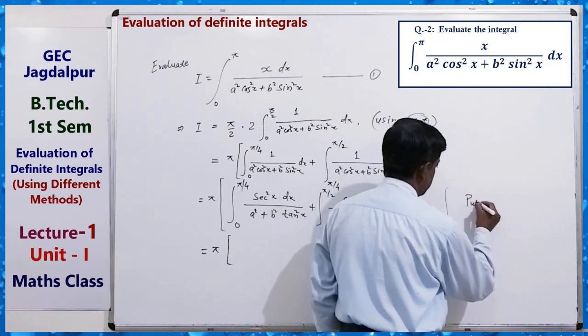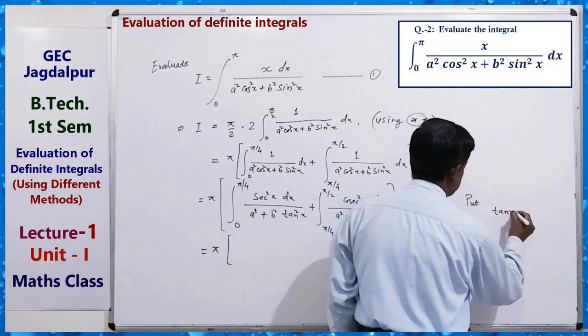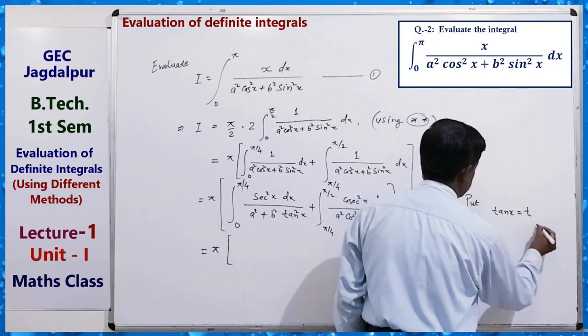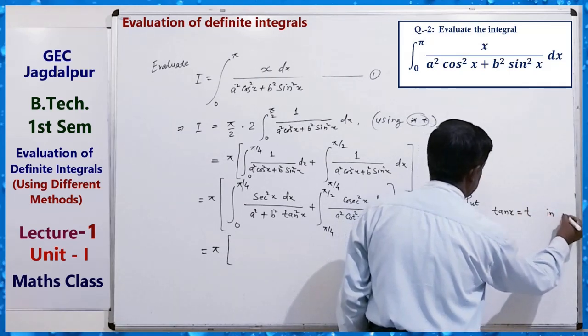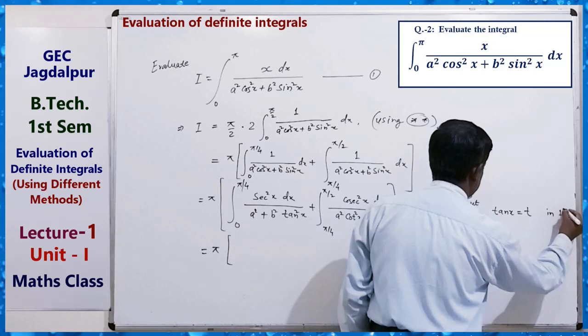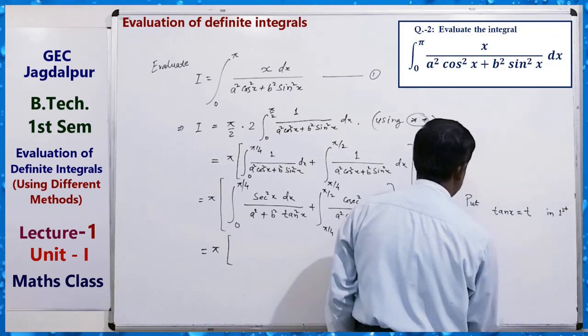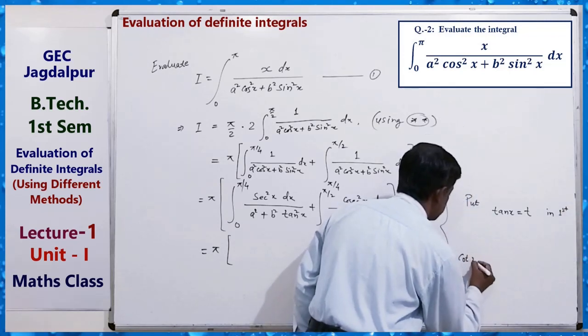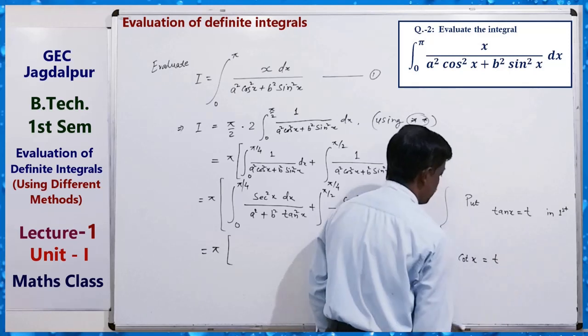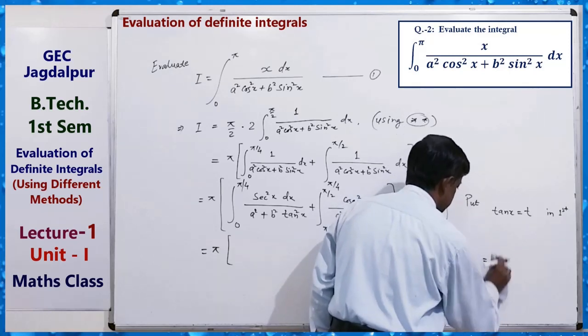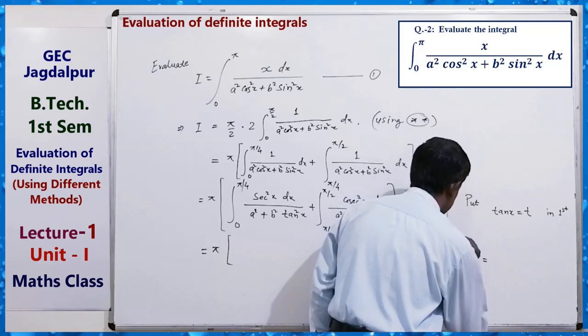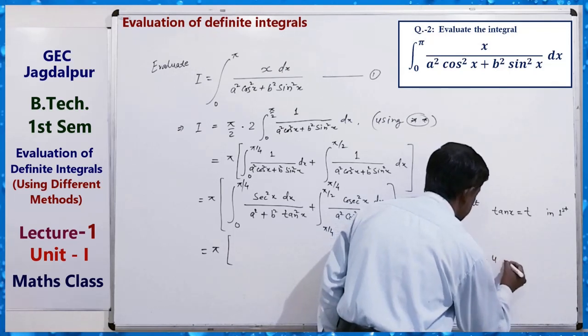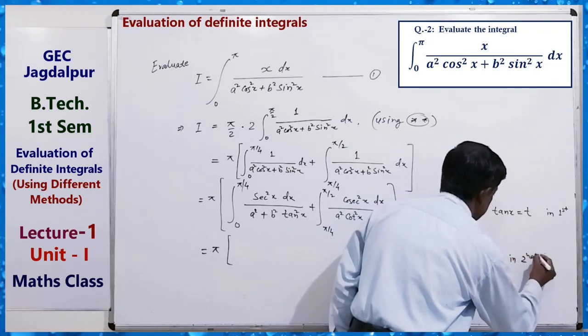So substitution: put tan x equals t in the first integral and cot x equals u in the second integral.